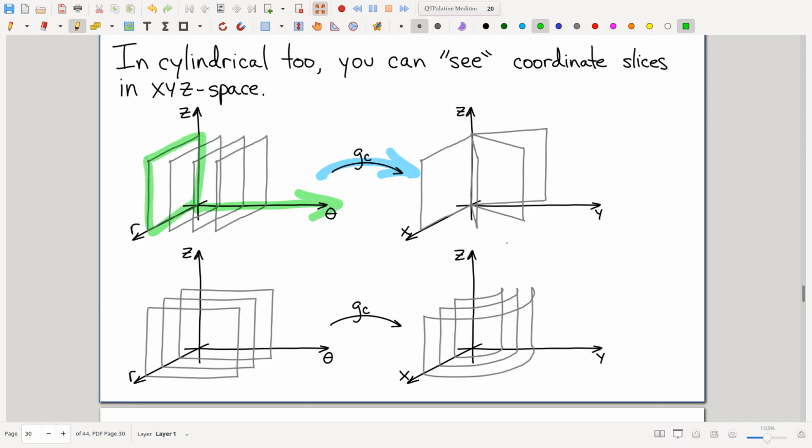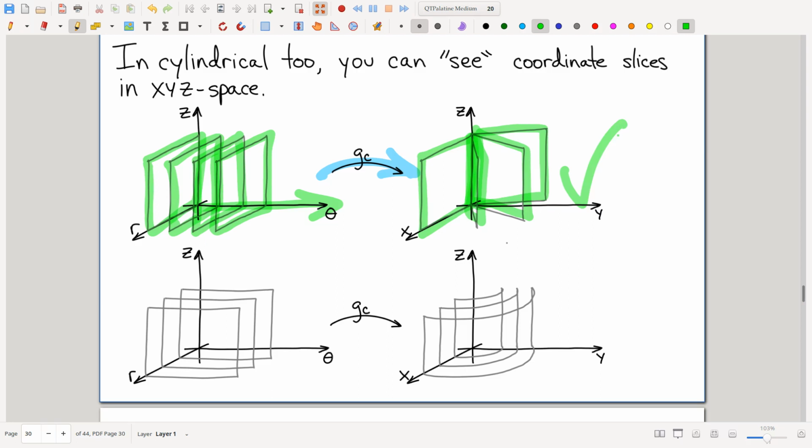Those slices will all represent constant values of theta. And constant values of theta are pretty easy to understand. A little hard to draw sometimes, but pretty easy to understand in the XY world. They're just half planes hinged on the z-axis, as we've previously discussed.